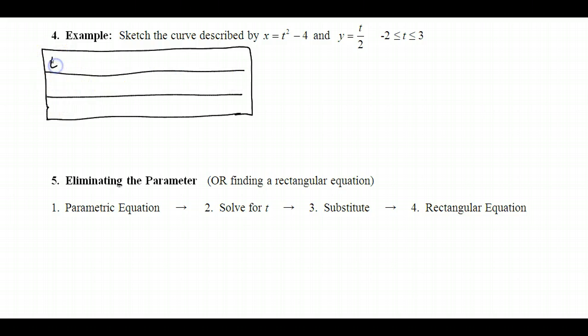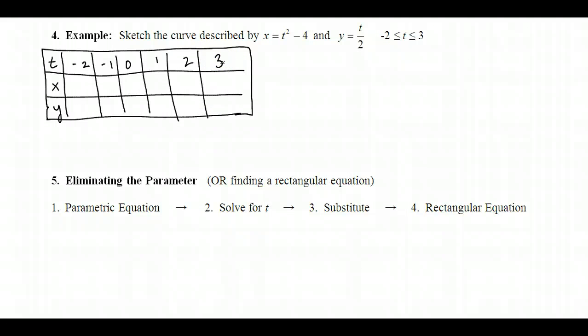So here we have our t, we have our x, we have our y. Well, if my t values range from -2 to 3, usually I'll just have you go in integers over that interval. So then we can say our -2, -1, 0, 1, 2, 3.